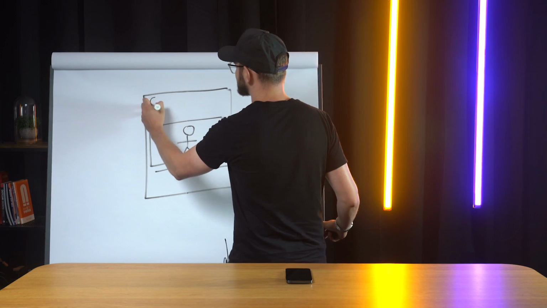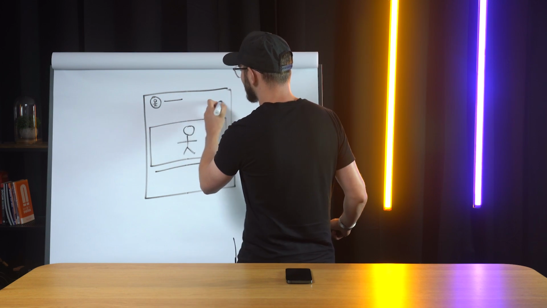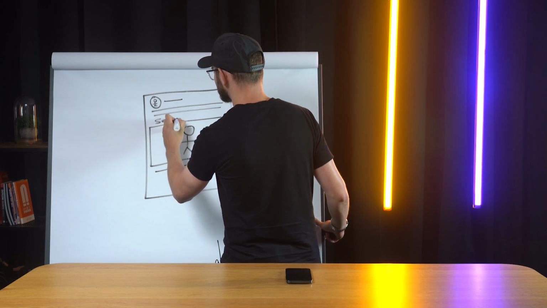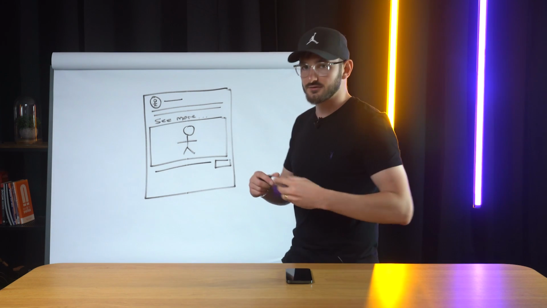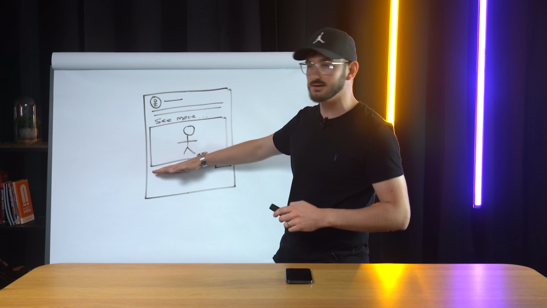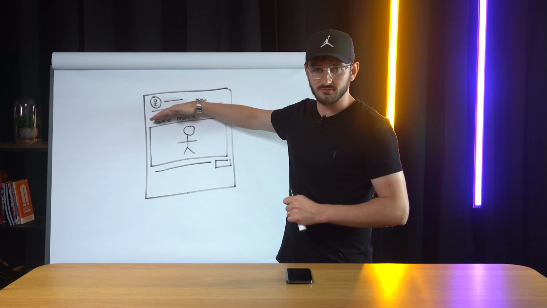And you're gonna have, of course, your little profile picture there with the name of your page. And then you have a couple of lines of description. And then you have the see more, okay? The three main parts is the image or video, the headline here, and the start of the description.